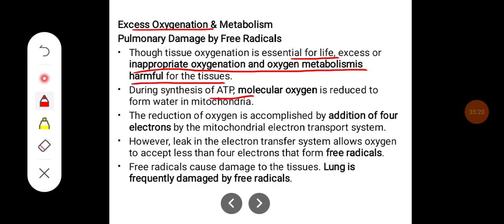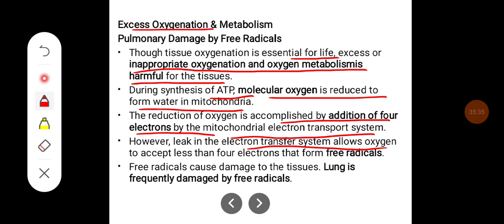During synthesis of ATP, molecular oxygen is reduced to water in the mitochondria. The reduction of oxygen is accomplished by addition of 4 electrons by the mitochondrial electron transport system. However, leaks in the electron transfer system allow oxygen to accept fewer than 4 electrons, so that it forms free radicals. Free radicals cause damage to the tissues.